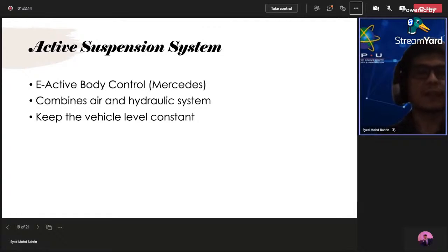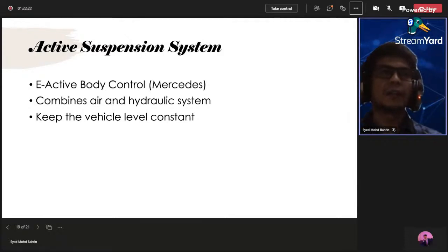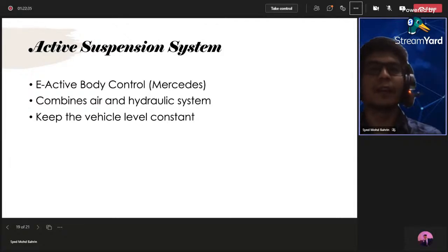Maybe you can think of something that can make the active suspension system more robust, cheaper, more flexible in terms of size, and maybe more compact, so that it can replace the passive suspension system, so that everyone can have a better ride and good comfort while driving their cars.